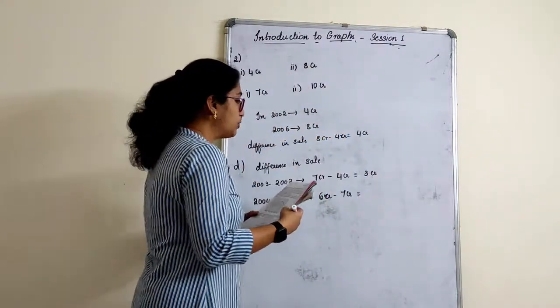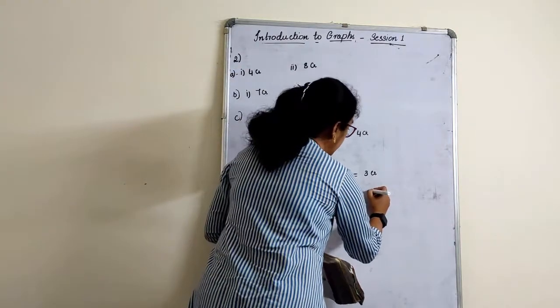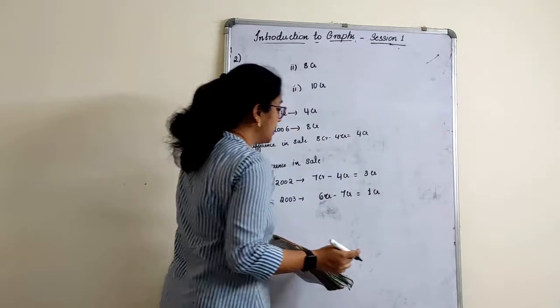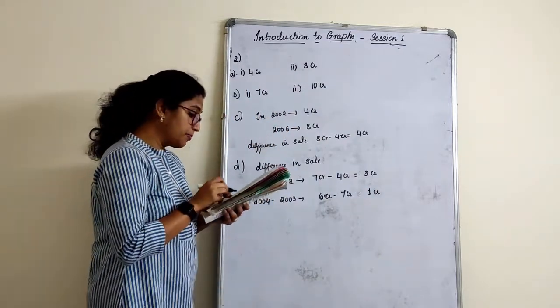So difference in sale, don't write that in terms of minus, write it as it is, 1 crore. We know that the amount will come like that, but as an amount we'll just write it as a number only here, remember.